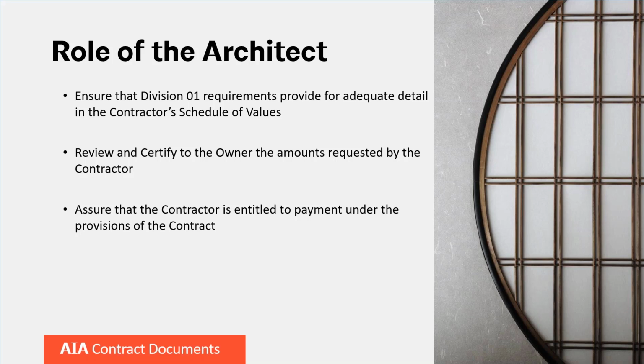So that document is not part of the contract documents, but is important from the perspective of the architect as well as the owner, because it can include some limitations and requirements with regard to the architect's role in this process. But the architect will provide reference to the application for payment, the certification of payment, and the schedule of values within the Division 1 specifications.